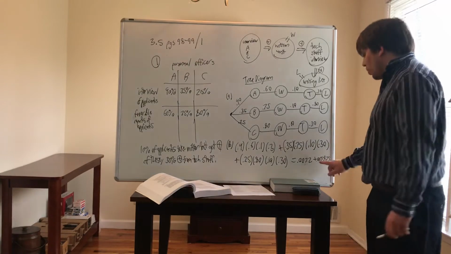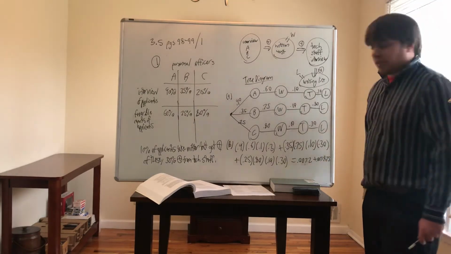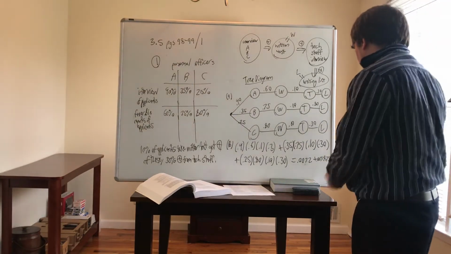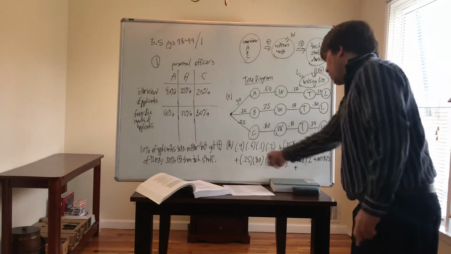Yeah, good. Okay, so it's 0.007875. My bad, I misspoke there. That's a 7 there. And it's plus, and then these 4.